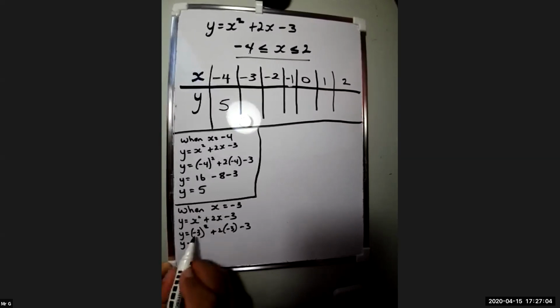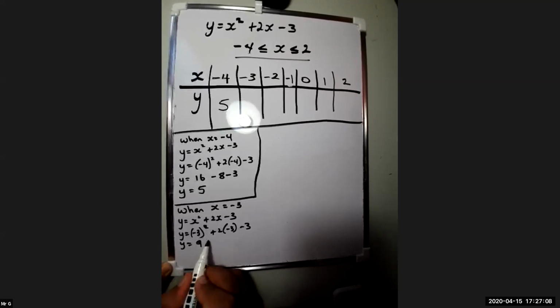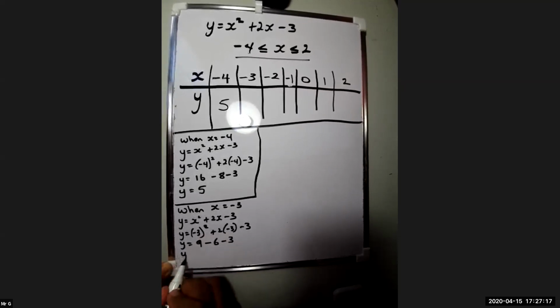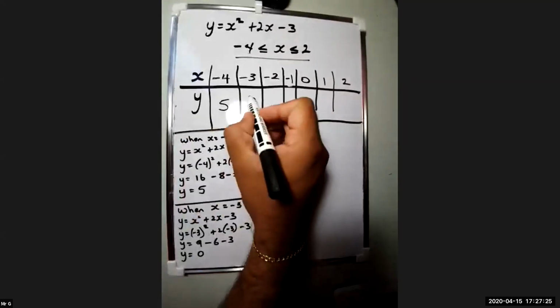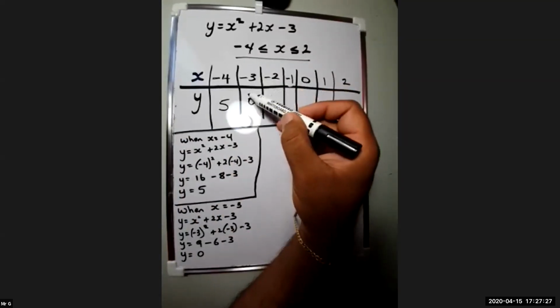So 3 to the power of 2 is 9. A plus by a minus is a minus, and 2 by 3 is 6, and of course minus 3. So 9 minus 6 minus 3 is 0. So when x is -3, y is 0.